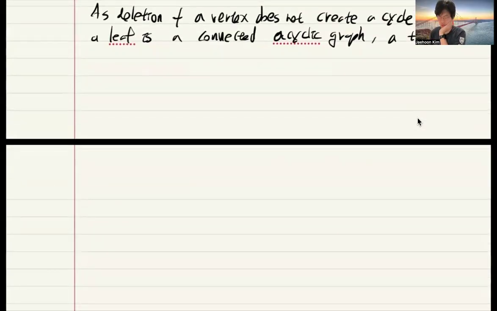And third one, we want to show that every n vertex tree has n minus 1 edges. And what do we know?